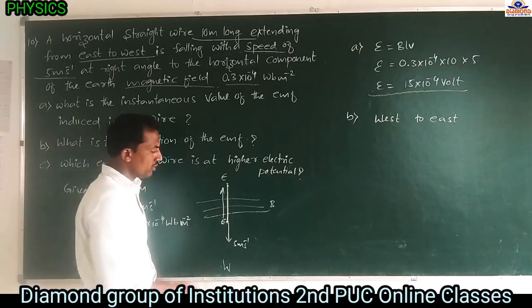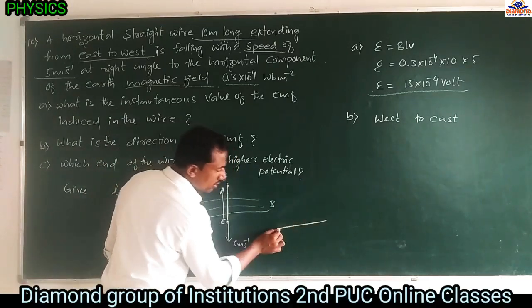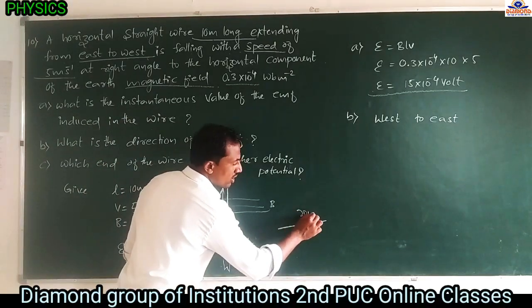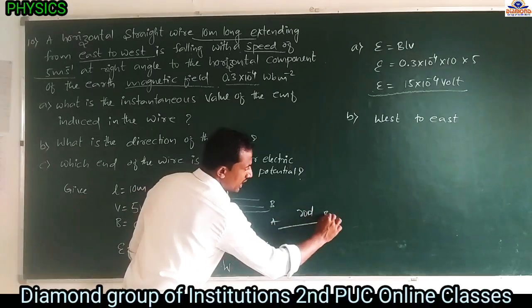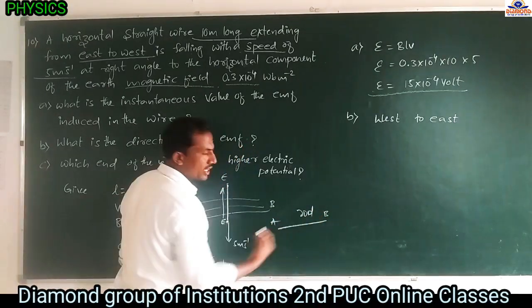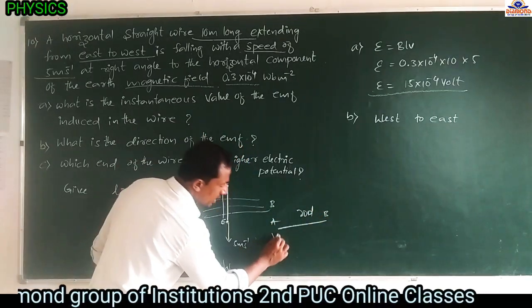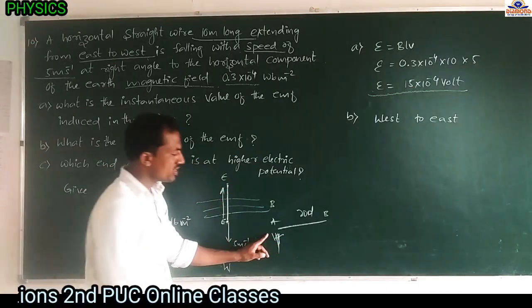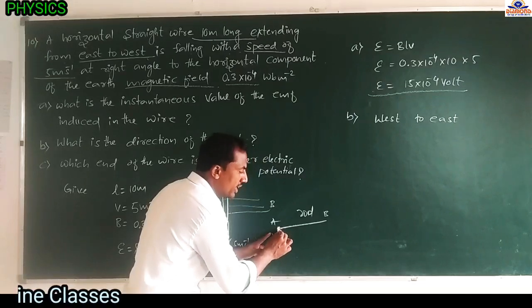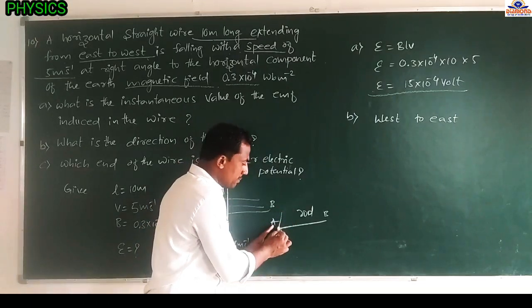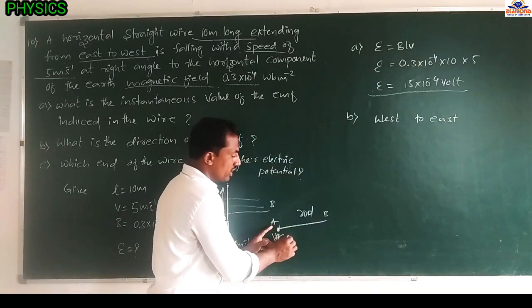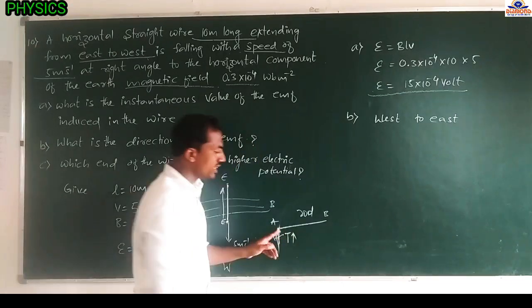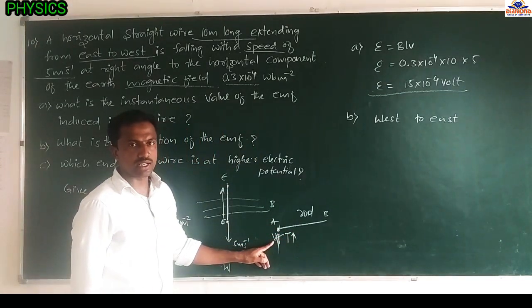For example, take a rod. This one is end A, this one is end B. Both ends are at the same temperature. If we heat end A, its temperature increases.